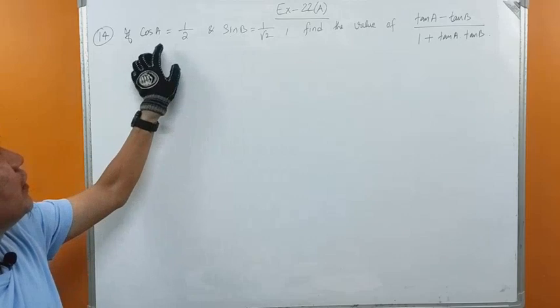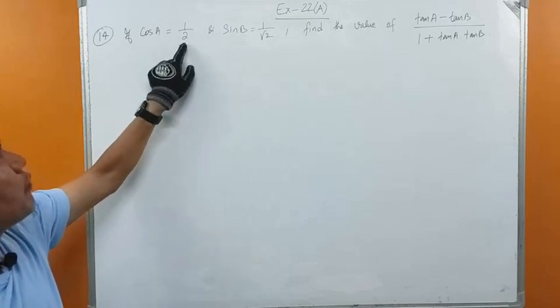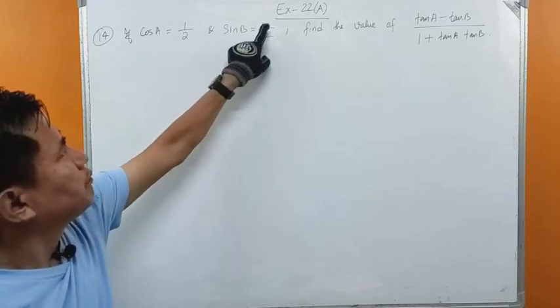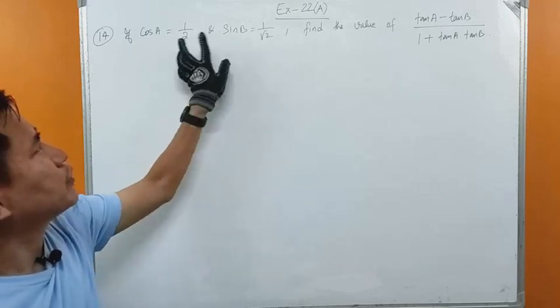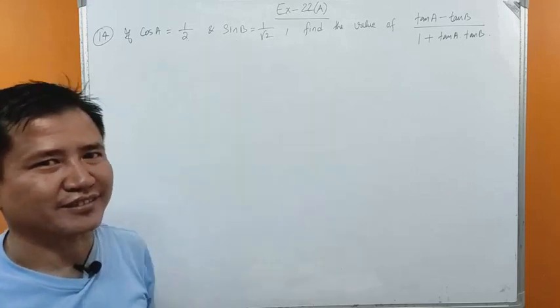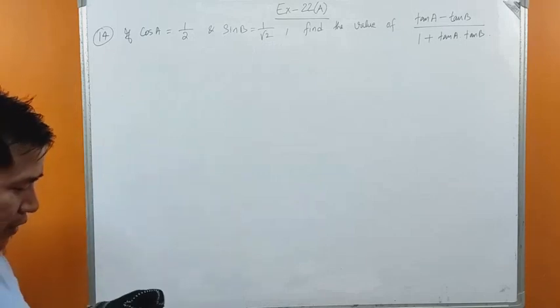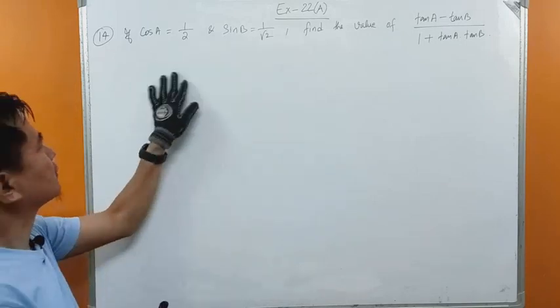Hypotenuse is 2 in this case, and root 2 in the other case, isn't it? So different hypotenuse means two different right angle triangles. So let us find perpendicular, base and hypotenuse for the different right angle triangles.